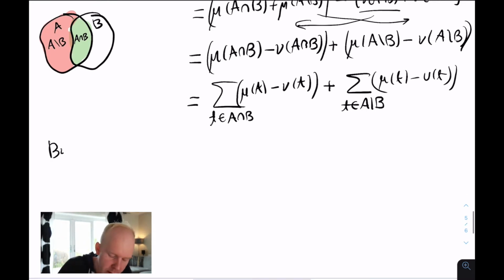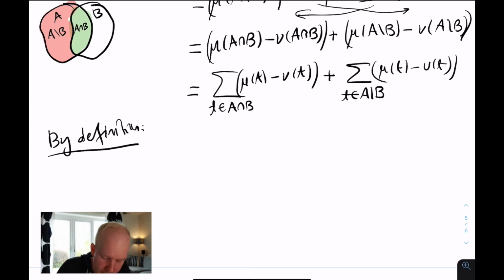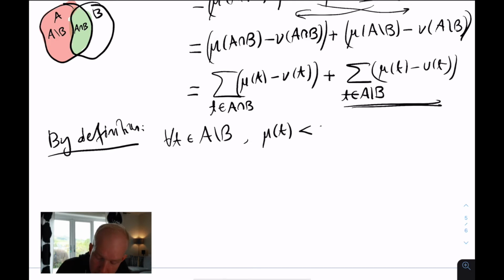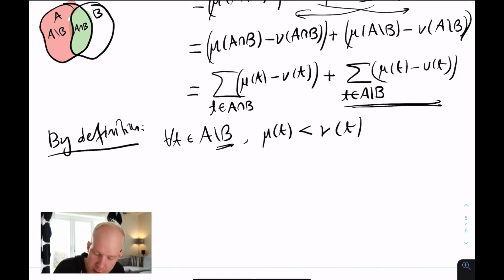By definition, for all t in A minus B, we have that mu(t) is less than or equal to nu(t), because t is in the complement of the set B. It doesn't matter what the point A is; because it's outside B, we have this. So in particular, mu(t) minus nu(t) is always negative.